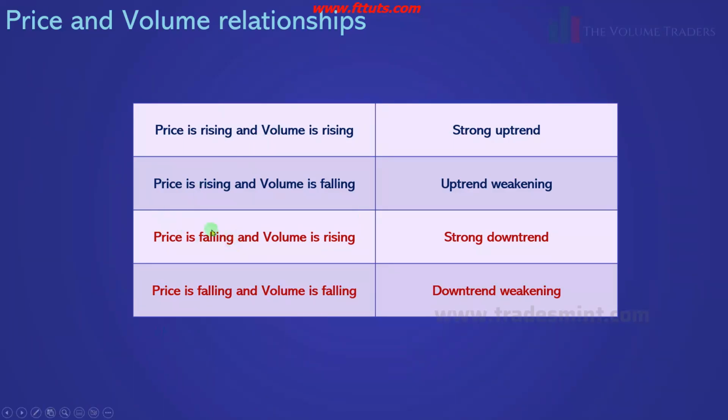And opposite, when price is going down but the volume is bigger and bigger, it means more sellers are still joining the market and they would like to take the best possible lower price. So this is an obvious strong downtrend.